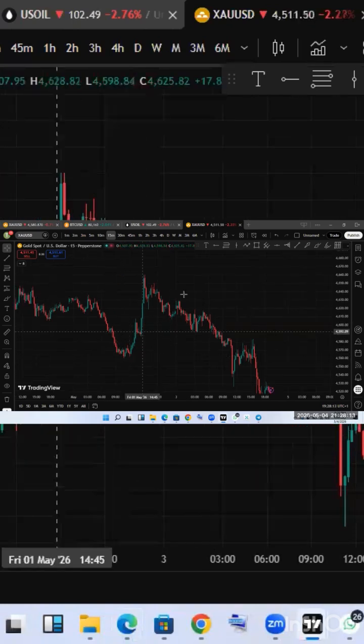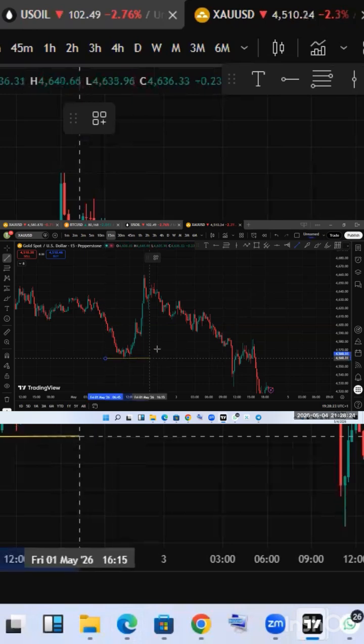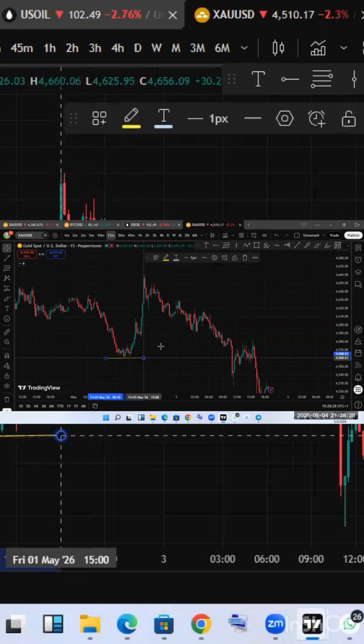Where I have my cursor here is a support zone. Let me mark it. Here is a support zone, where we can see price was falling from this height. This is a resistance.